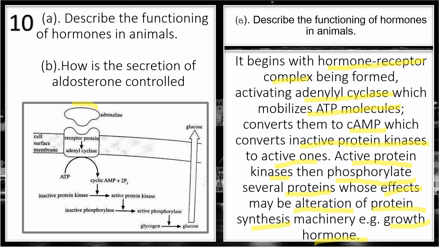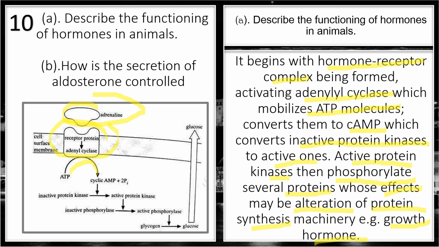For example, we have adrenaline here. It will come to the cell membrane, where we have our receptor protein, to excite the adenyl cyclase, which will mobilize ATP and convert it to cyclic AMP and 2 phosphate ions.